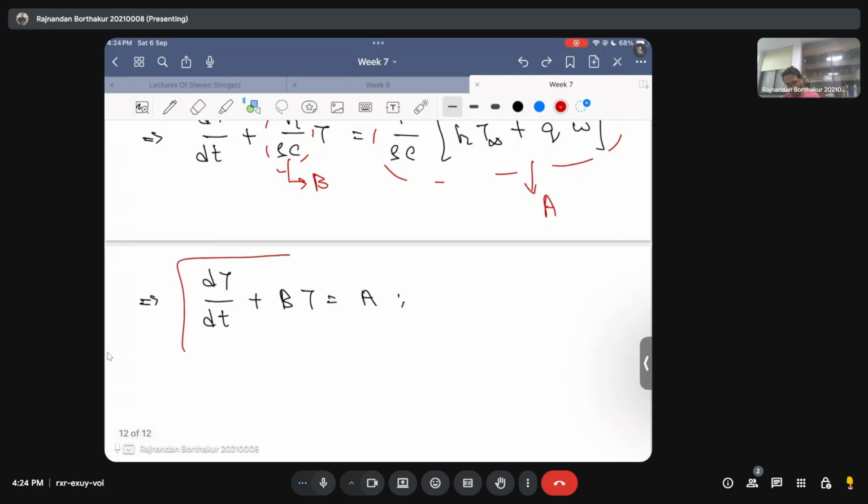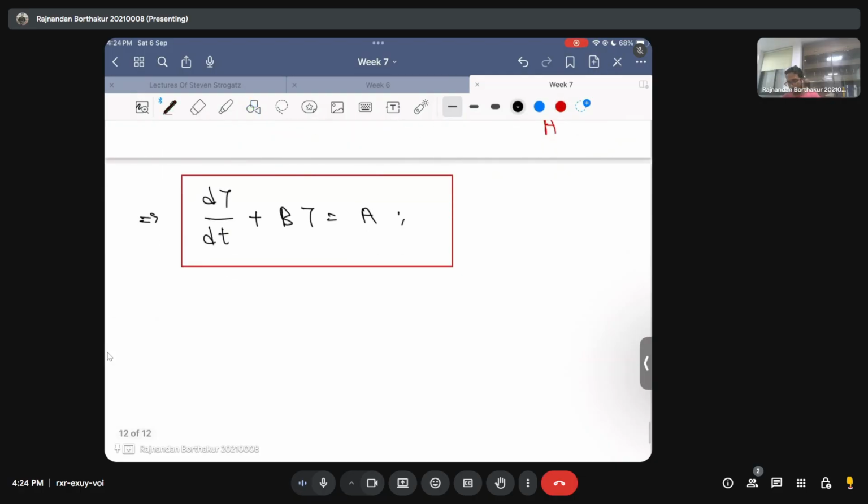This is a non-homogeneous, first order ODE, and we know how to solve this. What we need to do is find an integrating factor, which is equal to e power integral b dt.